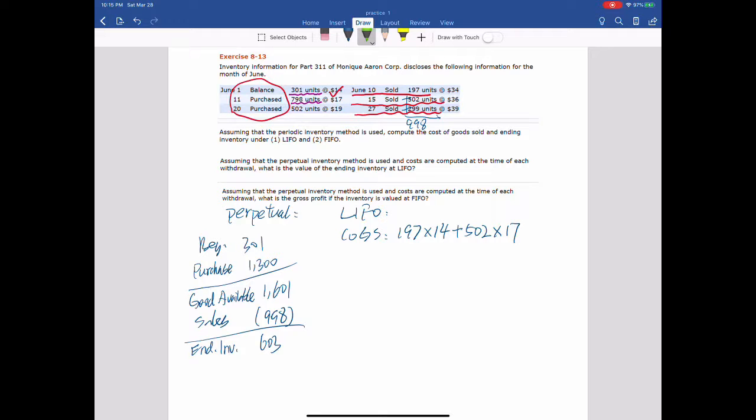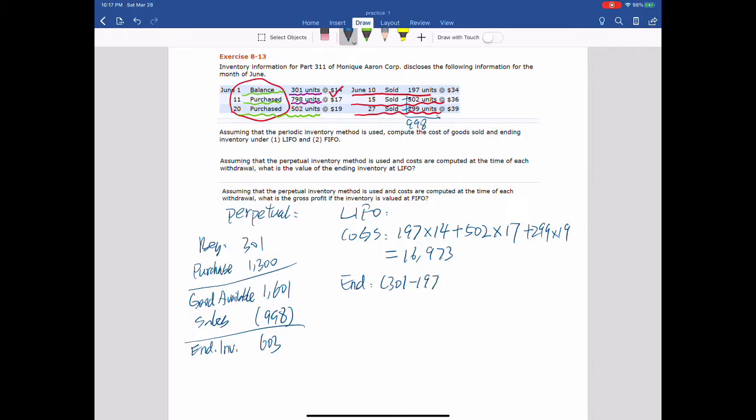Now we have the last purchase, the unsold beginning inventory, and the unsold first purchase. Because the purchase on June 20th is last in, it should be first out. So the 299 would be from the second purchase, at $19. The cost of goods sold is $16,973.